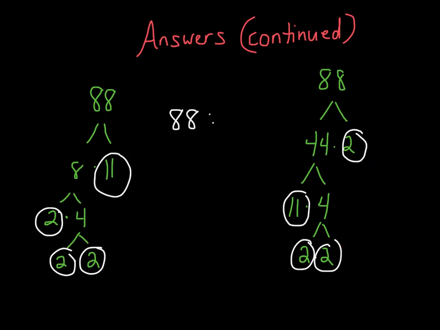So remember again, as long as you are correctly using factor pairs and breaking everything down, then no matter which path you start with, you're always guaranteed to end up with the same prime factorization. And so we can write that as either 2 times 2 times 2 times 11 or 2 to the third power times 11. Either one is an acceptable answer.